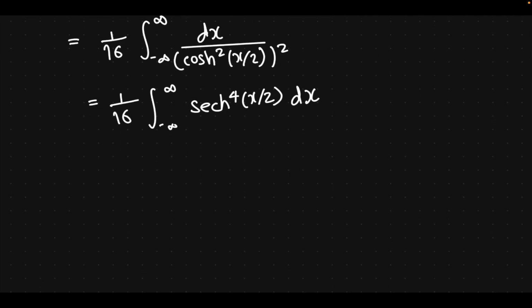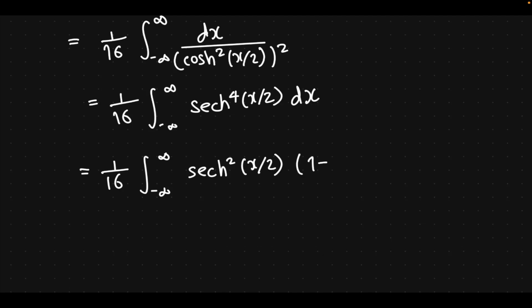We can break the sech up into sech squared of x over 2 times another sech squared, which we can write as 1 minus tanh squared of x over 2.